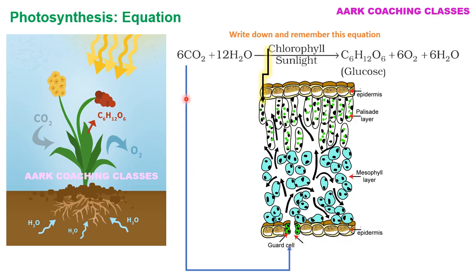From here carbon dioxide enters into the leaves, and from the same pores oxygen, which is a byproduct of the photosynthesis reaction, is released into the atmosphere. Along with this, water vapor, as we have seen in case of transpiration in earlier classes, is also released via these pores. Now what are these pores called? Yes, these pores are known as stomata, right?